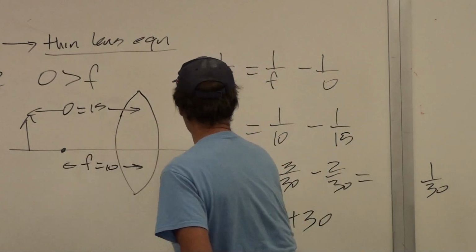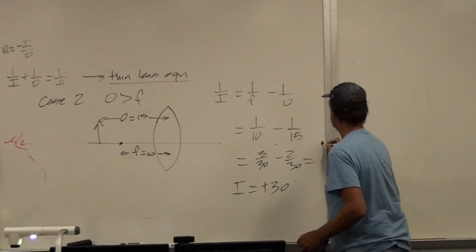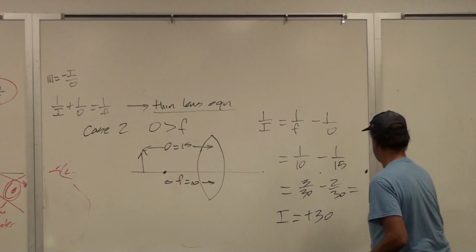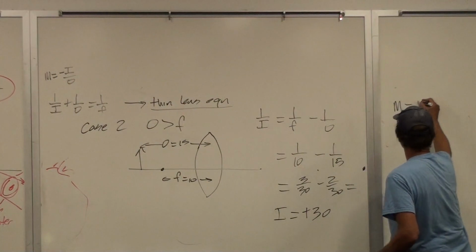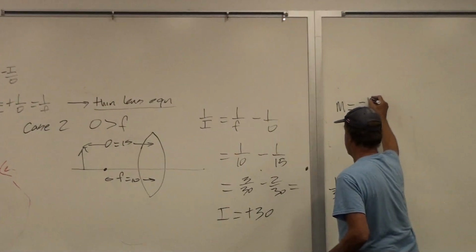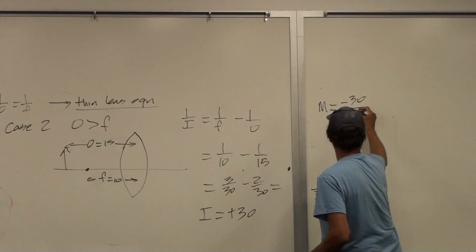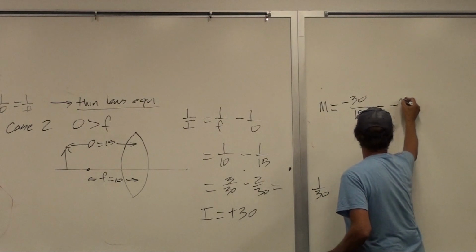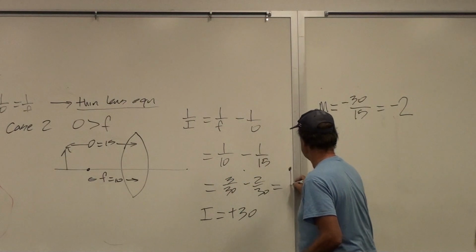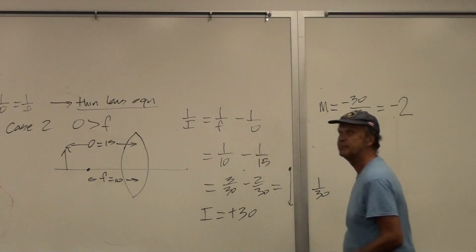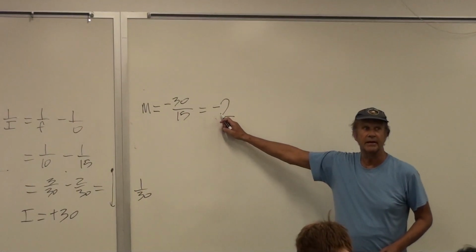If this is 10, then I'm going to go 10, 20, 30. I'm expecting the image to be over here somewhere. The magnification M is going to equal minus I, so minus 30 over O, which is 15. So that gives me negative 2. I'm expecting an image around here that's about twice as big and flipped upside down. The negative means it's flipped upside down.